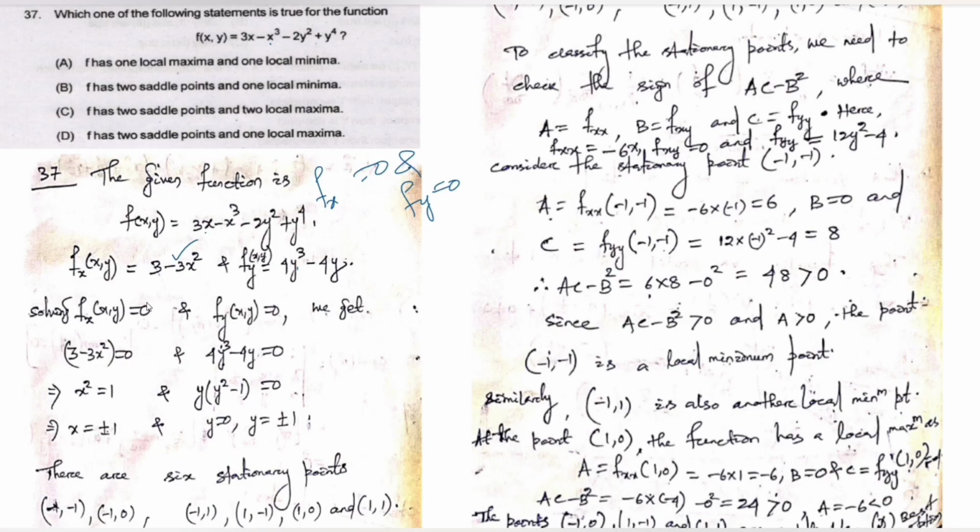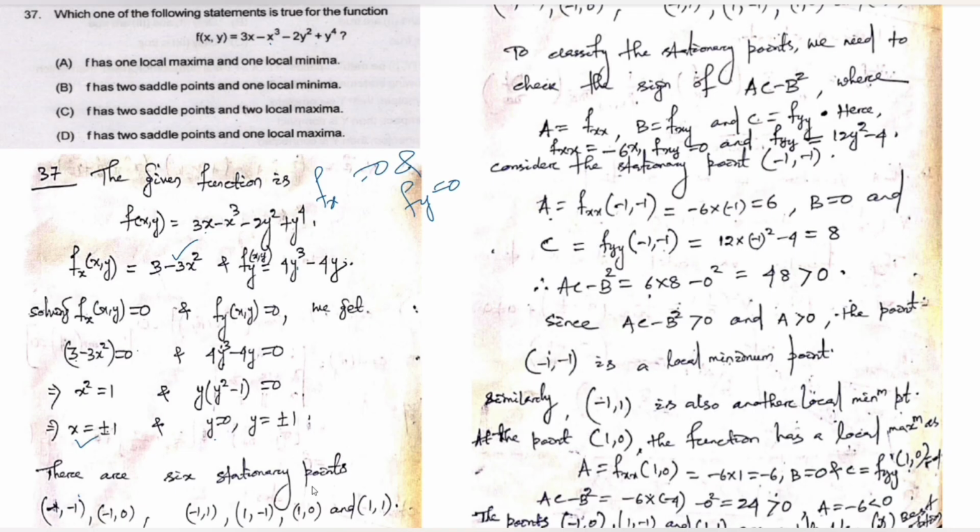Now we need to solve fx = 0 and fy = 0 to obtain the stationary points. fx = 0 means 3 - 3x^2 = 0, which gives x = ±1. Similarly, fy = 0 gives y = 0 or y = ±1. Now you can see there are 6 stationary points: (-1, -1), (-1, 0), etc.